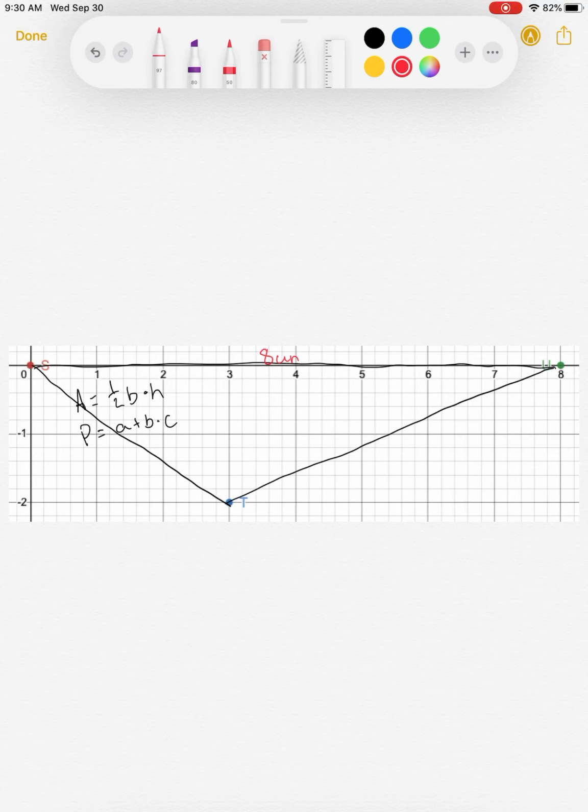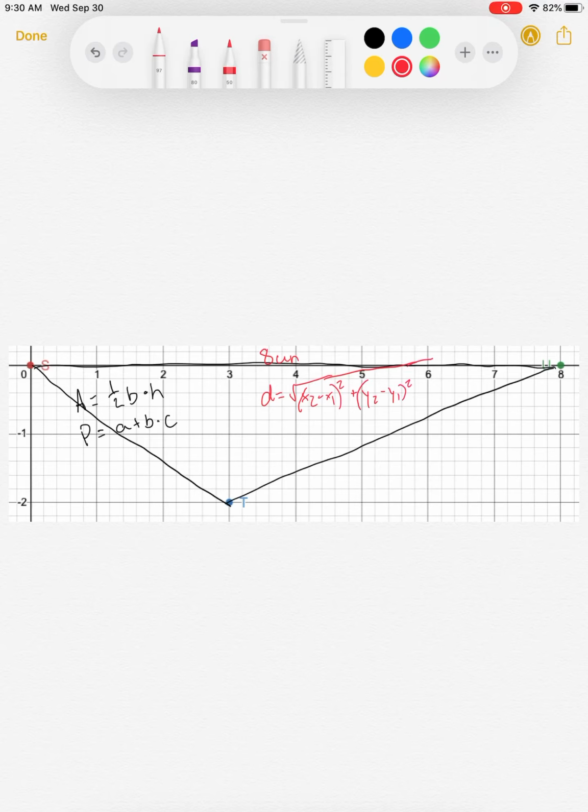We're going to do side TU first. Our distance formula is D equals the square root of x sub 2 minus x sub 1 squared plus y sub 2 minus y sub 1 squared.